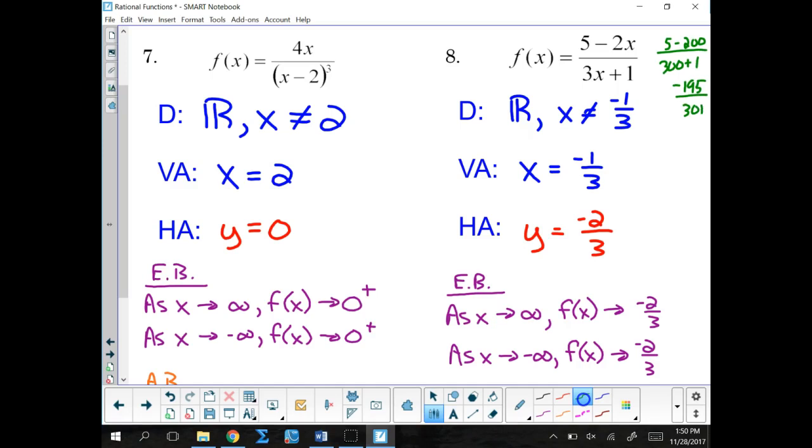Correct? Okay. In decimal form, what is that? Somebody calculate that for me. Negative 0.64, right? This is negative 0.66. So am I above or below? I'm above.